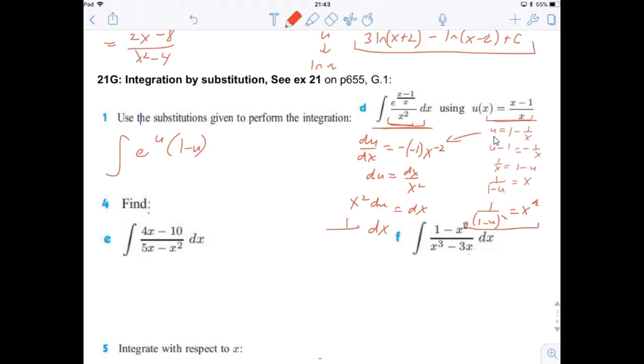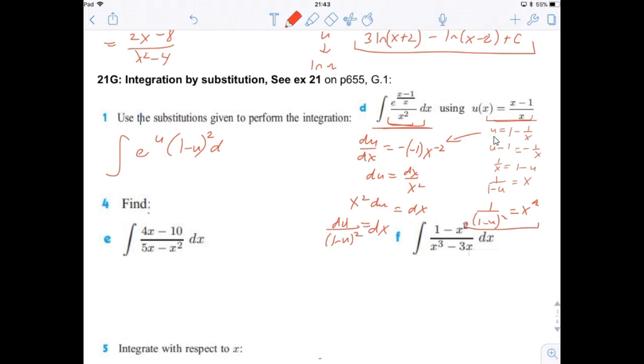This should be 1 minus u squared, right? Yes. And then this should be 1 over 1 minus u squared. Okay. And so now I'm going to substitute in for dx this expression here, du divided by 1 minus u squared.